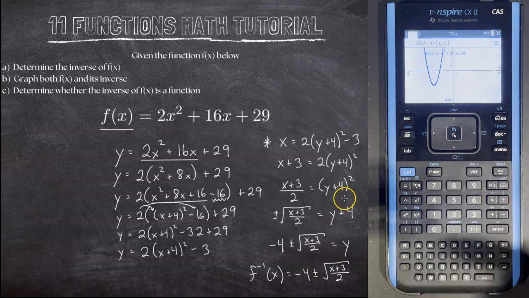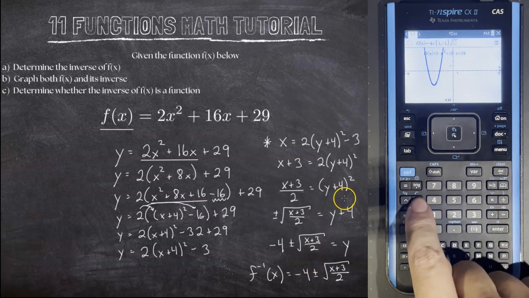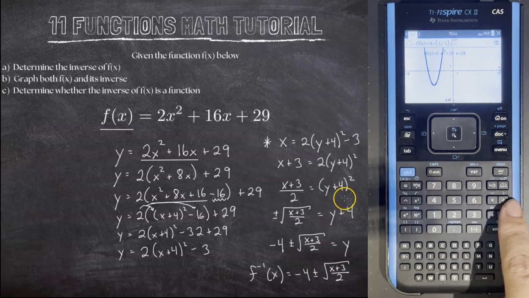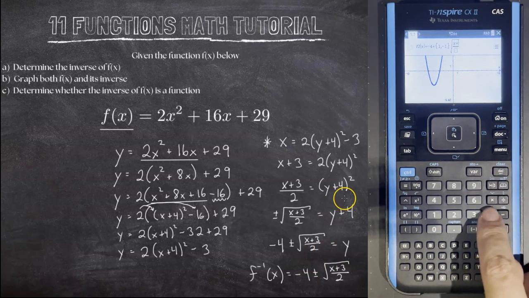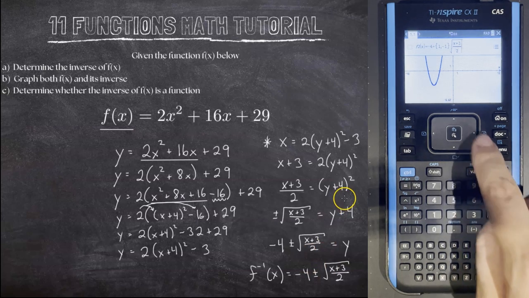So that's giving you the option of plus or minus. If anyone knows a better way to do this, let me know, but this is the way I know how to do it. Okay, and then we're going to have the square root of, let's throw a fraction in there, x plus 3 all over 2.